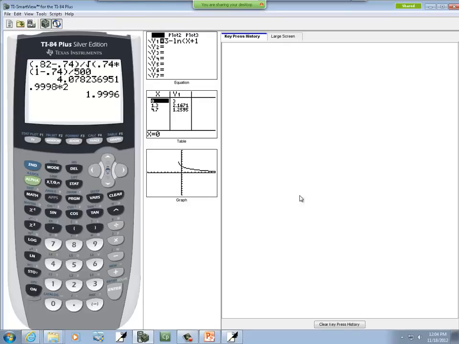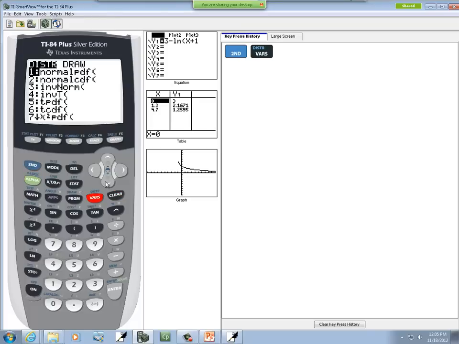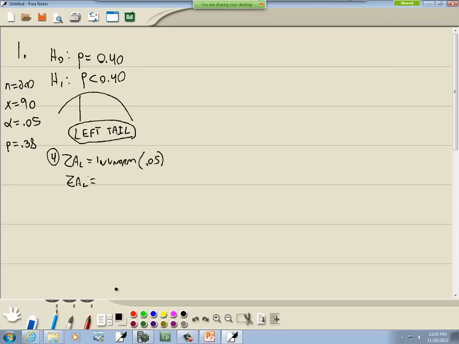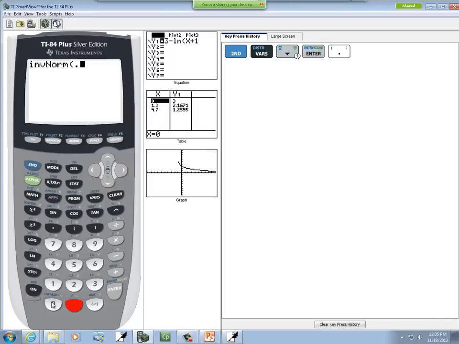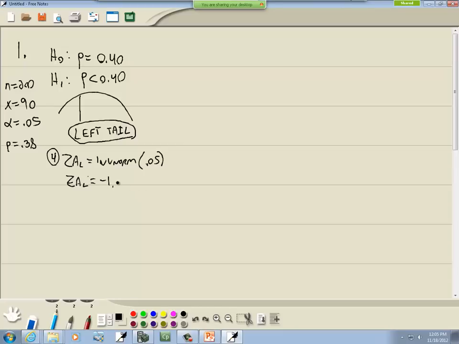Okay, so do 2nd VARS. Inverse norm is our third one. Press enter on it, and we want 0.05. Enter. And we get negative 1.645.